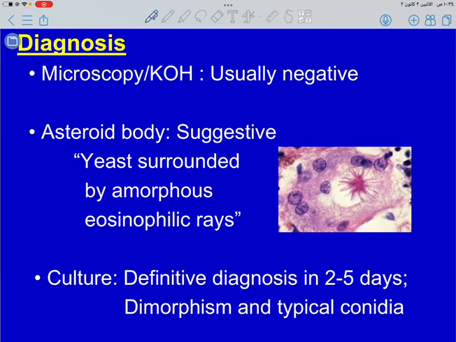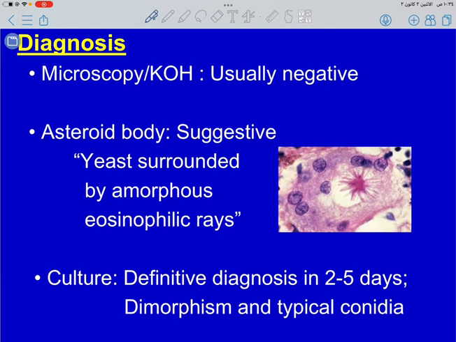It is a yeast surrounded by amorphous eosinophilic rays. زي الإشعاعات، eosinophilic لونها وردي. Eosinophilic. هذه is called asteroid body. عبارة أنه fungus surrounded by this amorphous material.